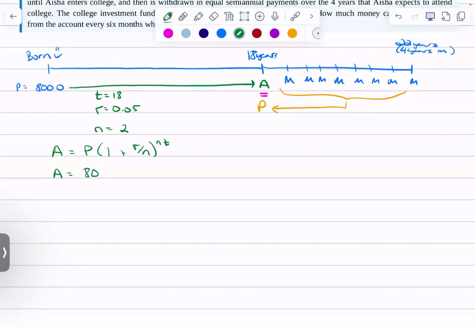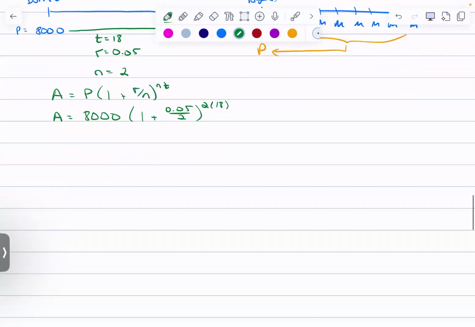So 8,000 times 1 plus 0.05 over 2 to the power of 2 times 18. Let's see what we get here.